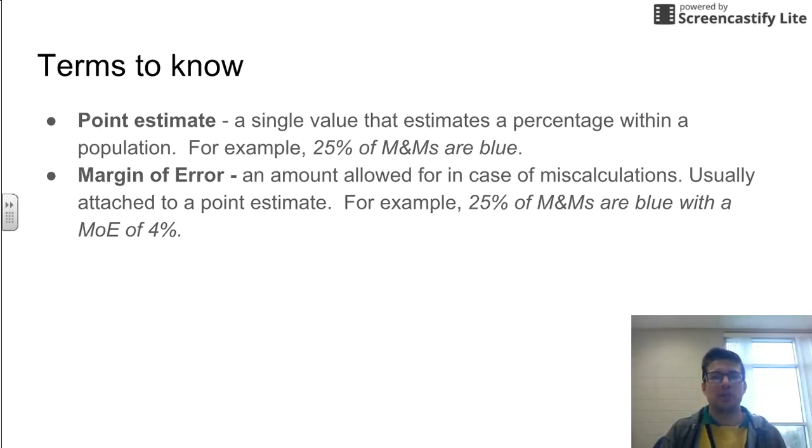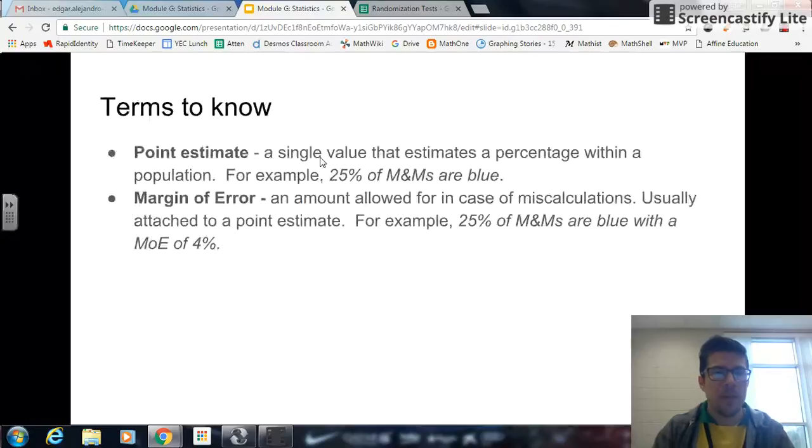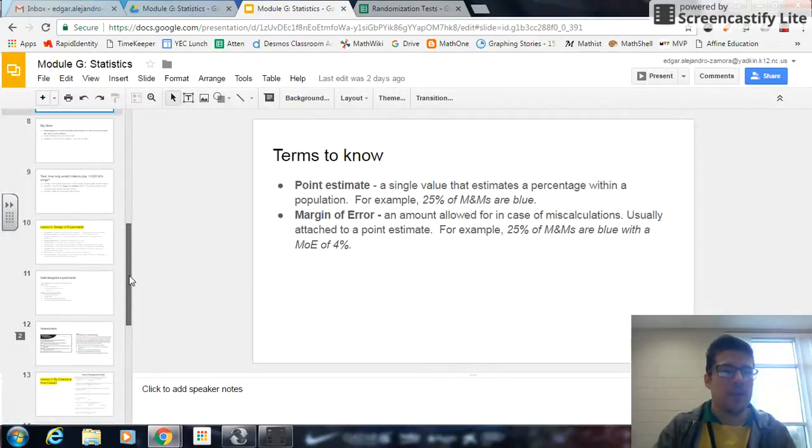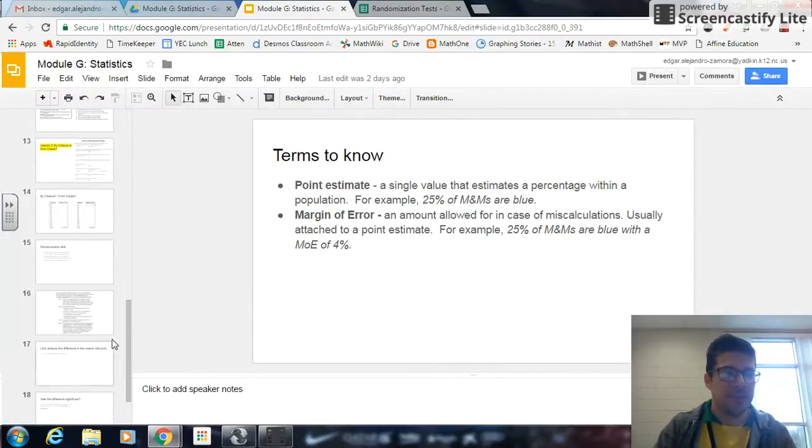We talked in class also that margin of error gets minimized the larger you make your sample. So large random samples are a good thing. That's basically all we did to simulate that, because we didn't have actual bags of M&Ms to record data over and over. More importantly, I want to talk about randomization tests.